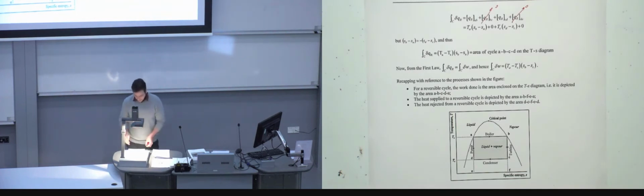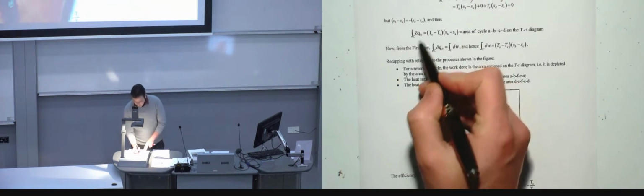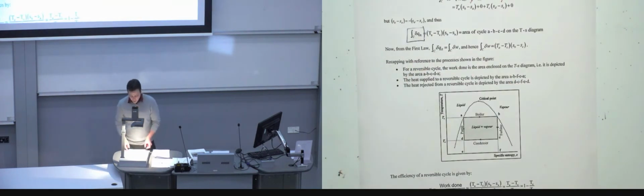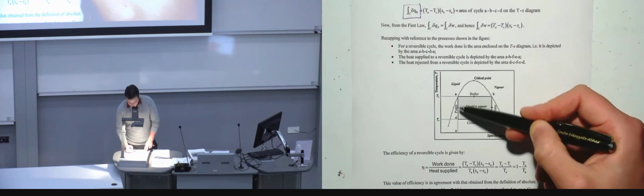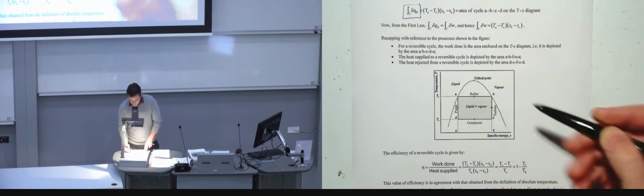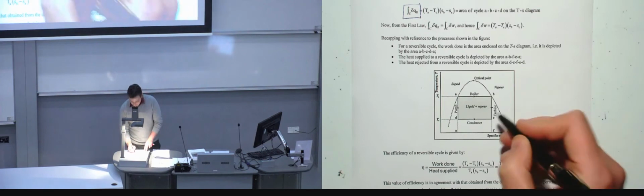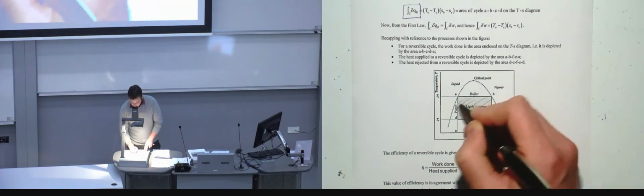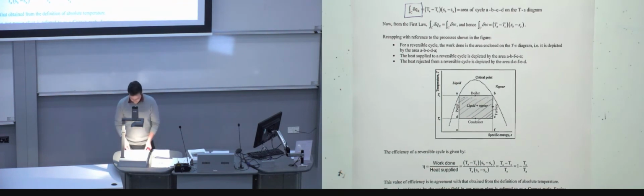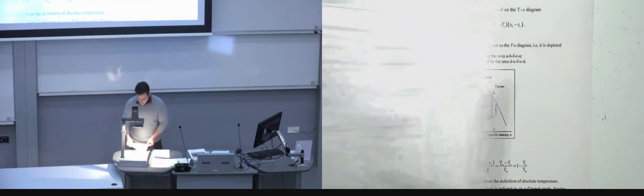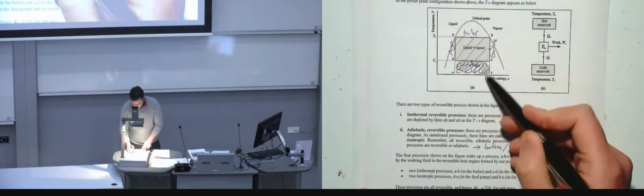As a result, the overall delta QR for the whole cycle works out to be TA minus TC, times SB minus SA. So effectively, this area would be the total amount of QR for the whole cycle. It is essentially the difference between what you had for the whole thing minus this bit.